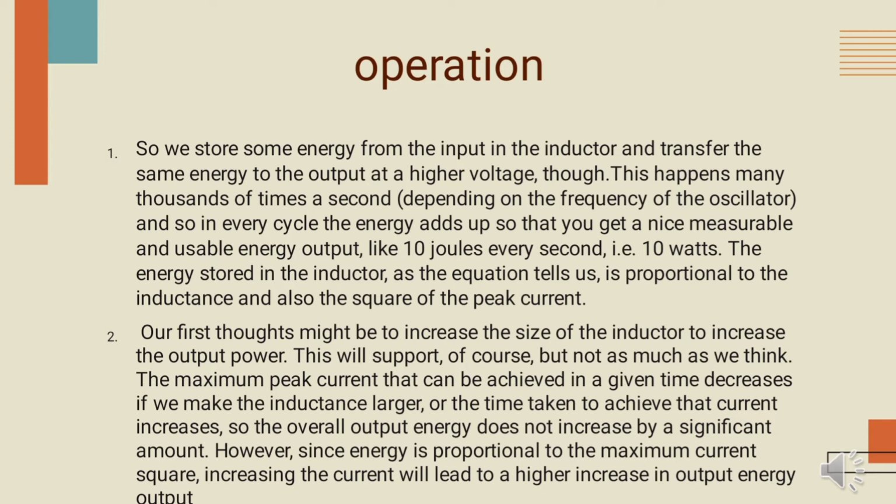So the overall output energy does not increase by a significant amount. However, since energy is proportional to the square of the maximum current, increasing the current will lead to a larger increase in energy. So choosing the inductor is a fine balance between inductance and peak current.